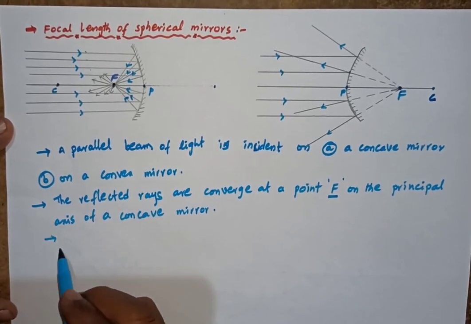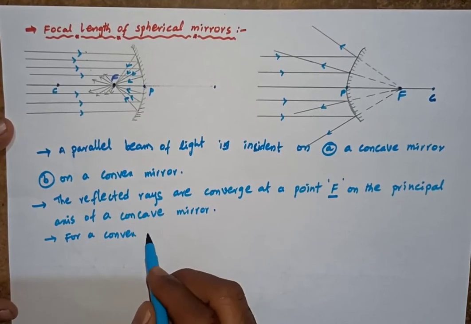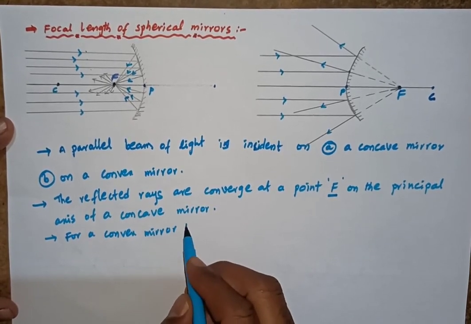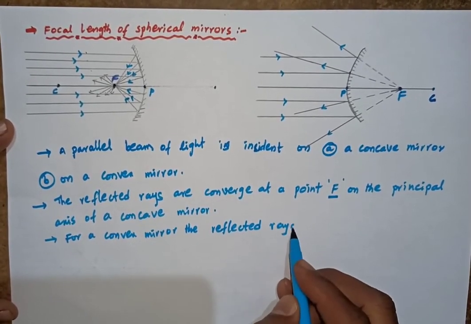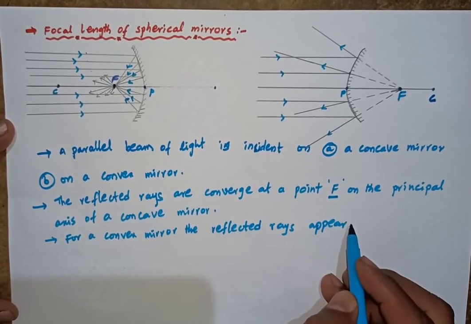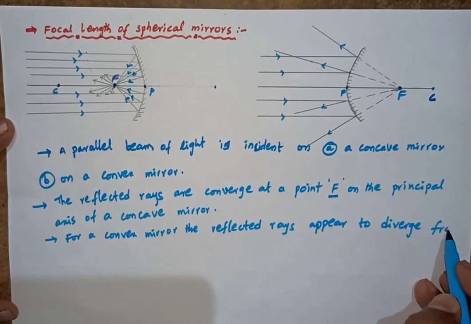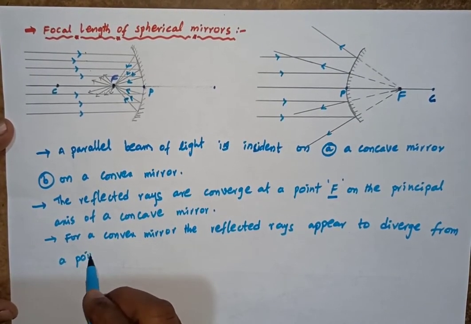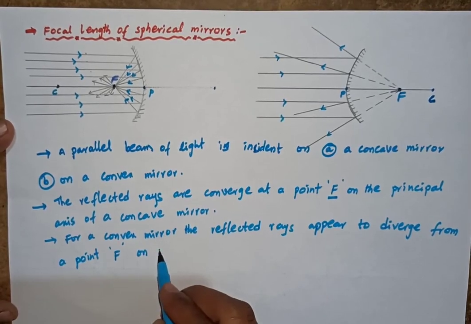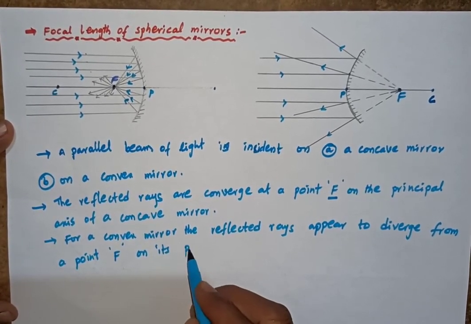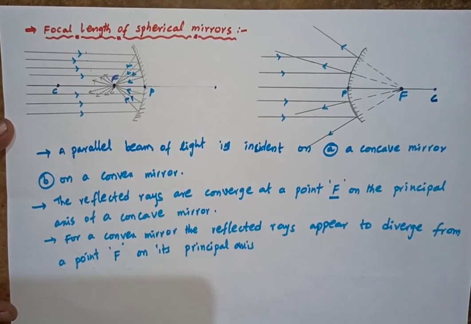Next, for a convex mirror, the reflected rays appear to diverge from a point F on its principal axis.